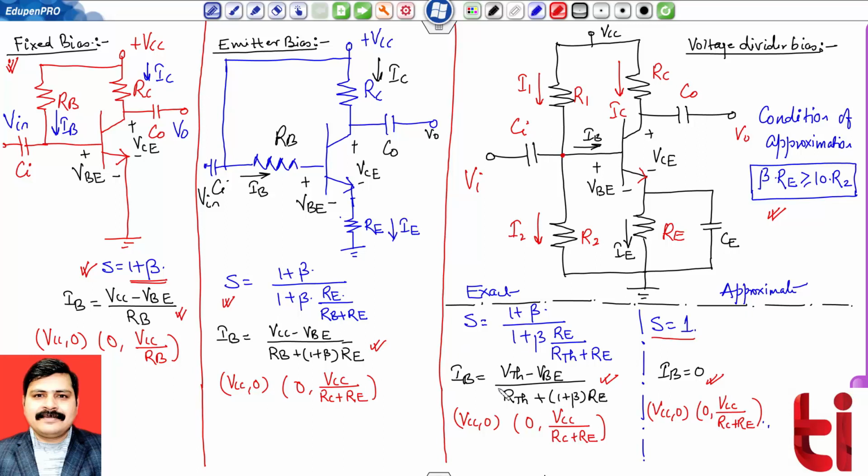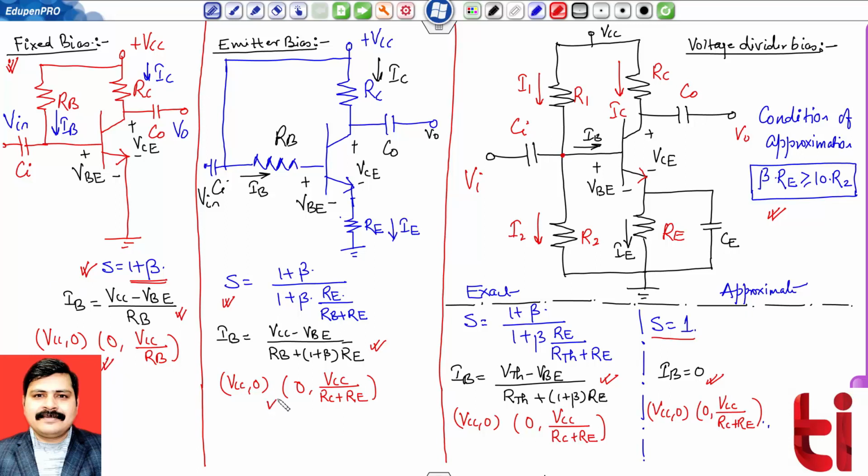The last parameter which we have used for the comparison is the load line analysis. As you know, a load line is a simple straight line, and a line can be drawn if we have the information of 2 points. Here the information of 2 points is mentioned: VCC and 0, and VCC upon RB. These are the 2 points for fixed bias.